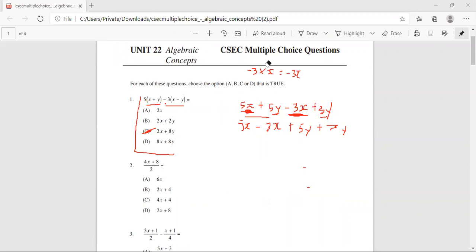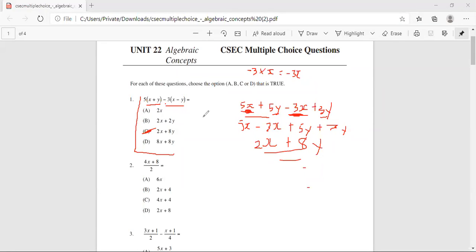So we know that adding like terms is simply as normally adding, just with an included term, which is x, or y if it's y we're dealing with. So 5x minus 3x will give me, we have 5 x's, you subtract 3 of them, we're left with 2x. Then we have 5y plus 3y will give me 8y. So we answer C. Right?